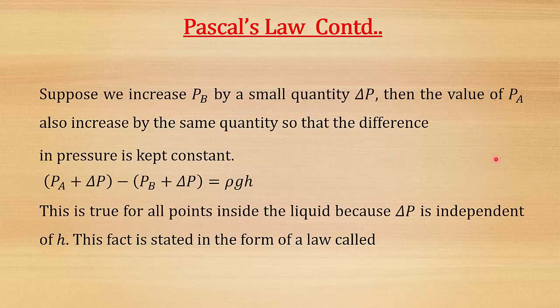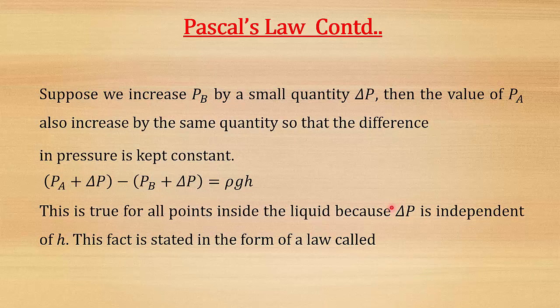Suppose we increase PB by a small quantity delta P. Pressure at point B is very small, so let us increase the PB value by delta P. When you increase PB, PA also increases by the same quantity so that the difference in pressure always remains constant.